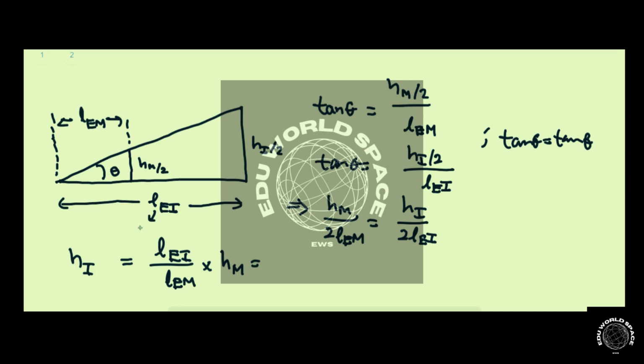So remember, this was the sum of the length of the eye to the mirror plus the length of the mirror to the image.